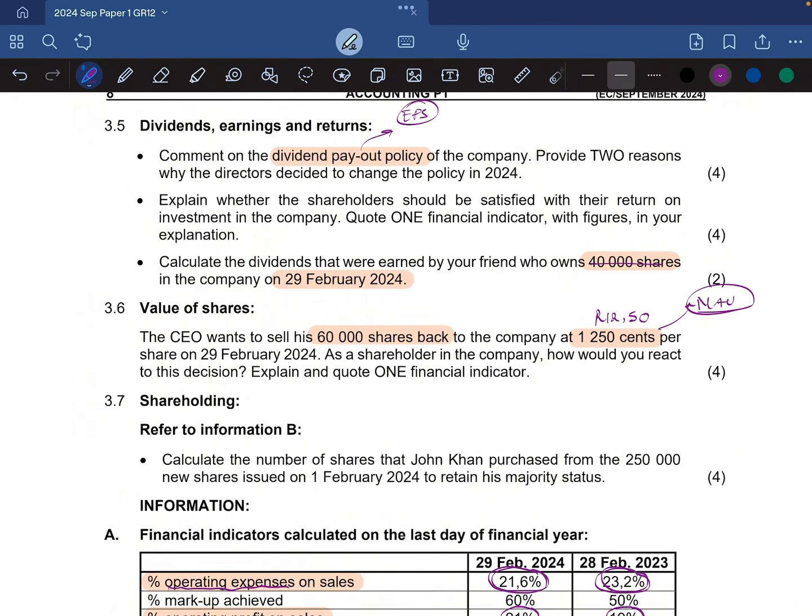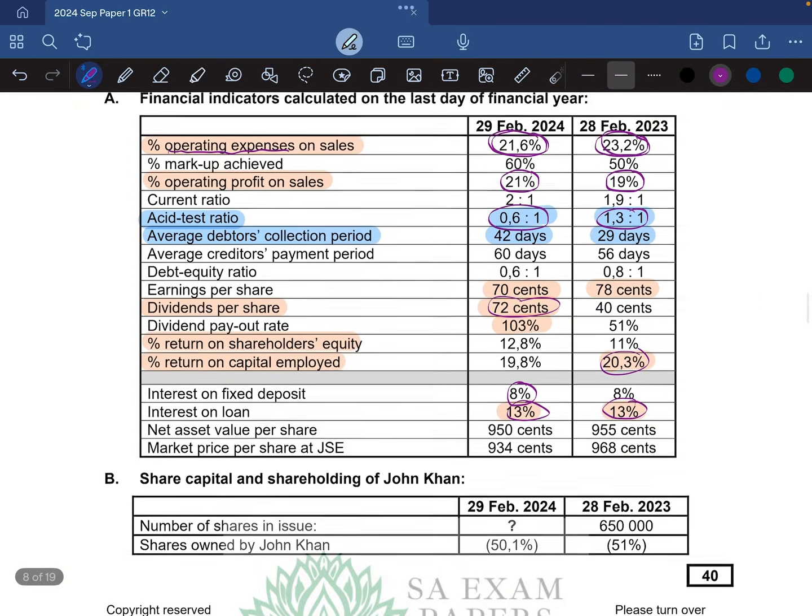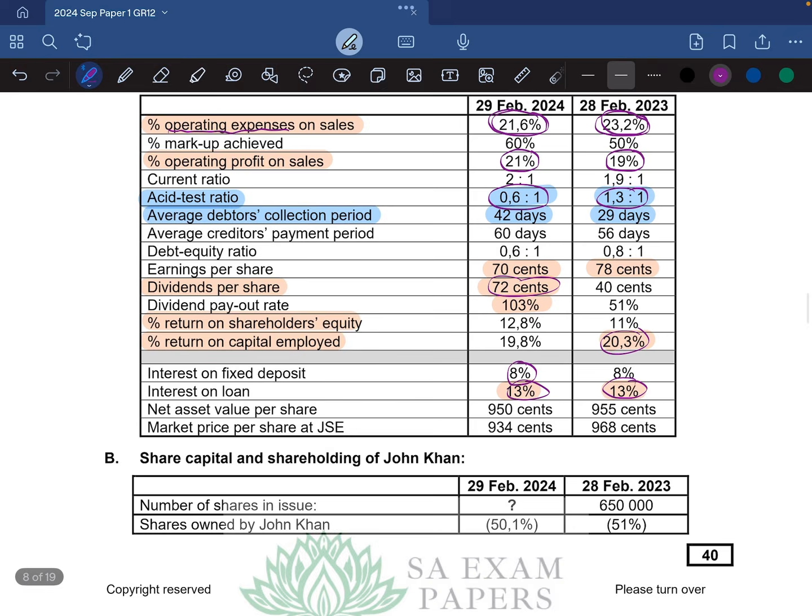We're looking at our NAV, and when we look at our net asset value that we have in 2024, it is 950 cents, and the market price per share at the JSE is 934 cents. So if we were to buy shares back through the JSE, we would be paying 934, but in our books we value these shares at 9 rand 50.